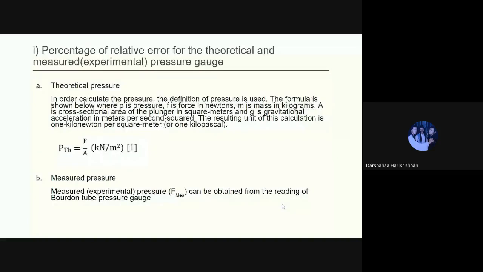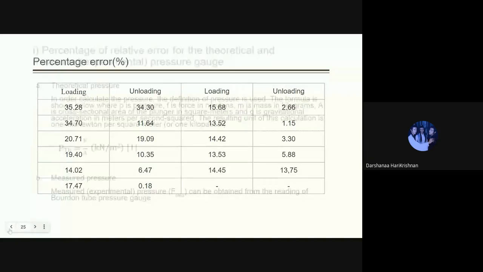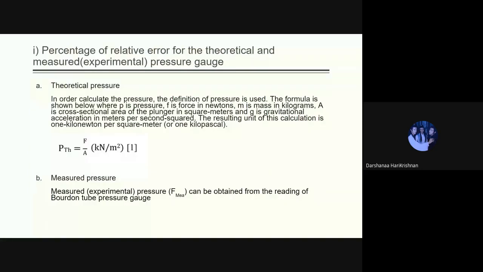Okay, so A, theoretical pressure. In order to calculate the pressure, the definition of pressure is used.